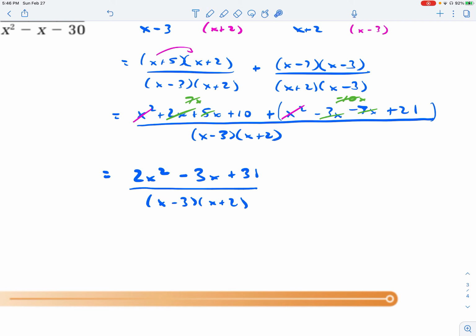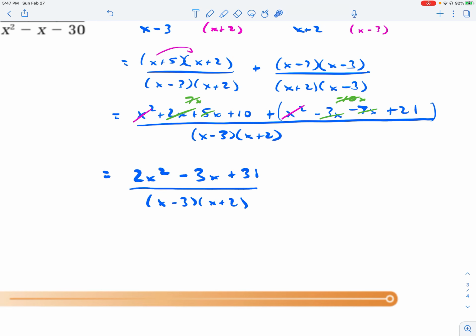It is important to keep this factor down here because maybe we can do some factoring with this, and then maybe some factors might cancel. We can only cancel common factors, so it's best for us to take a look at this and see if it's possible for us to do any factoring with that. This actually is not factorable in this case.